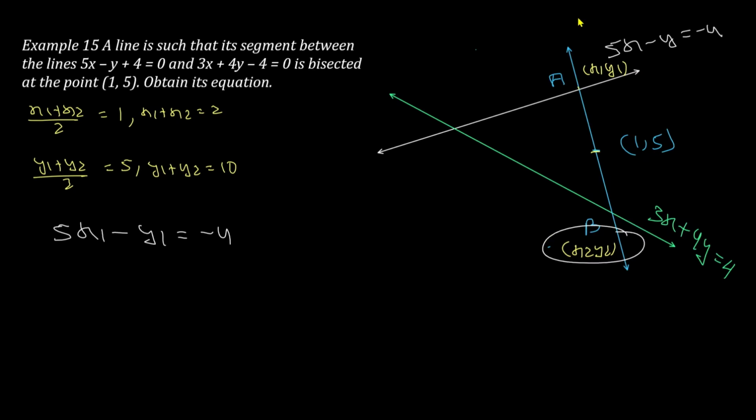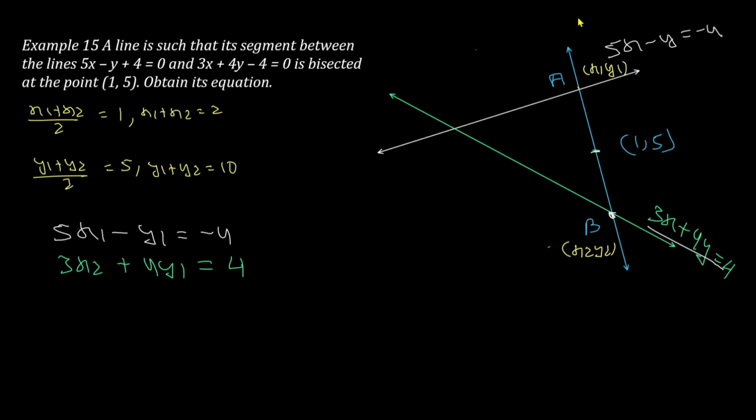Similarly, this point B will satisfy this equation as B lies on this line. This is a point of intersection, a common point on the blue and the green line. So I can write the equation here: 3 times x2 plus 4 times y2 is equal to 4.